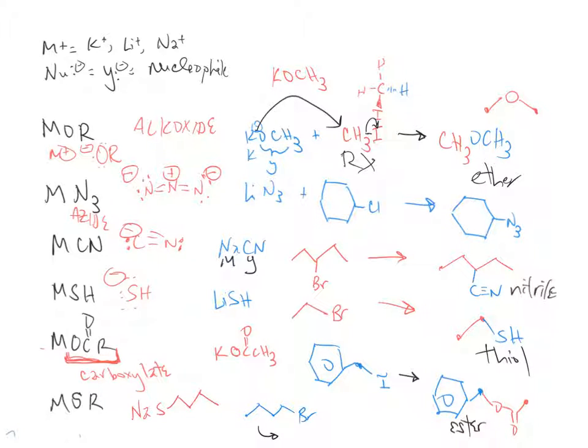So we have, let's see, 1, 2, 3, 4, 1, 2, 3, 4, sulfur, 1, 2, 3, 4. Oh, I made it nice and symmetrical. So what kind of compound did we make here? What's this one right here? It's not a thiol, but it is a sulfide.